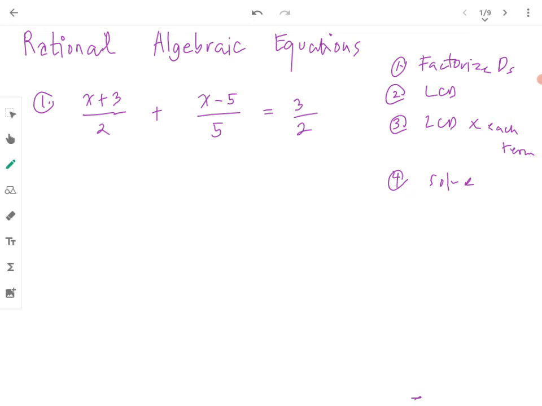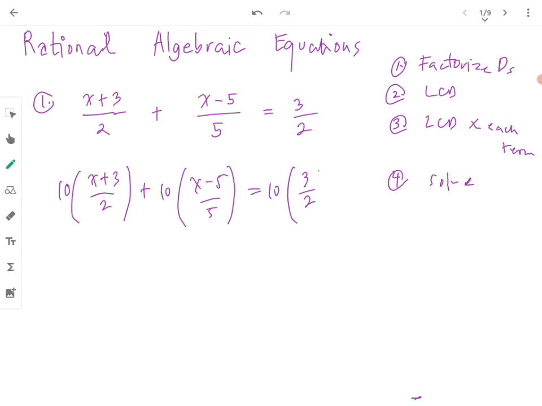Okay. So in this case, we have denominators of 2 and 5. And the LCD of 2 and 5 is 10. So that's the number that we're going to multiply to each of these three terms. Since 10 is the LCD, we have 10 times x plus 3 times 2 plus 10 times x minus 5 all over 5, then 10 times 3 all over 2.